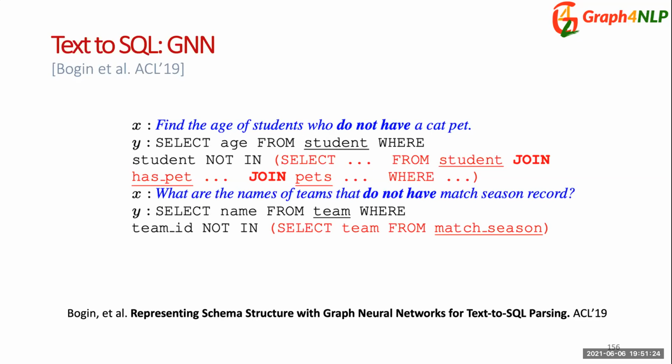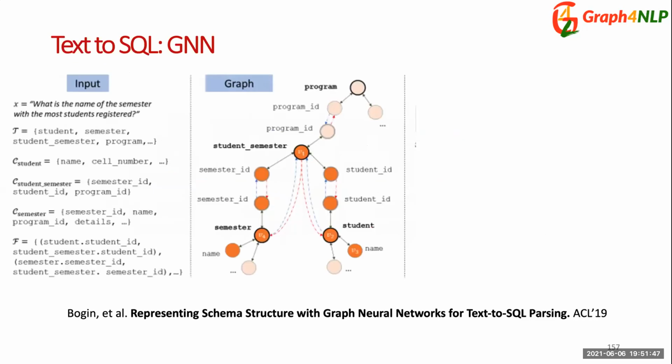As you can see from this very simple example, we have two sentences. If you look at the sentence level, they look very similar, but because the underlying databases are different, the actual queries look very different. So this really captures why we need to leverage graph neural networks. We want to better capture different types of database schema.